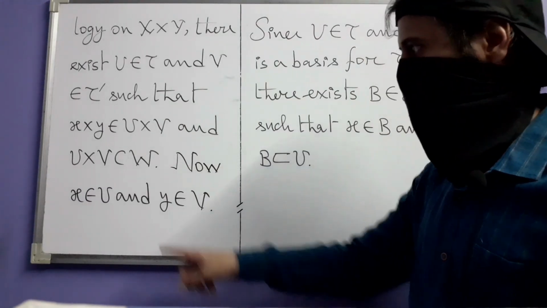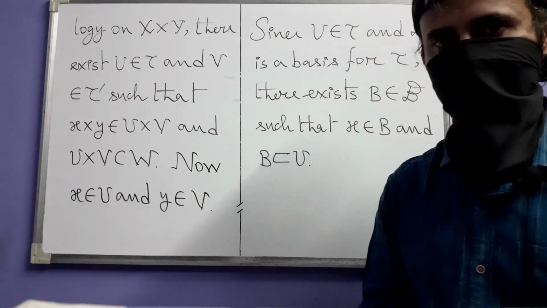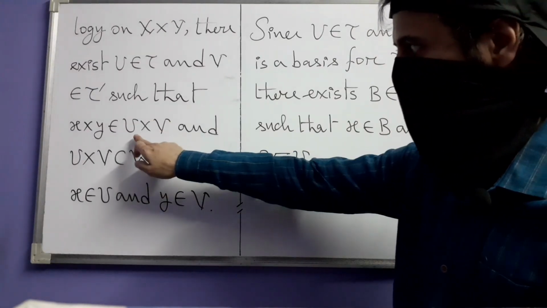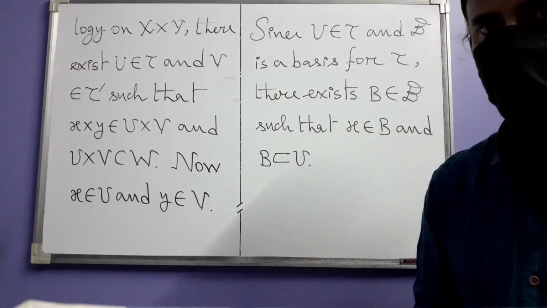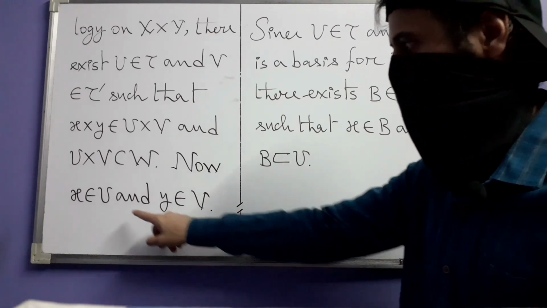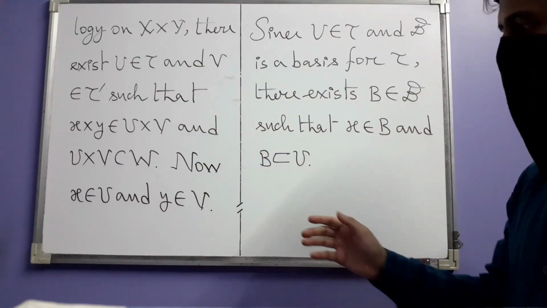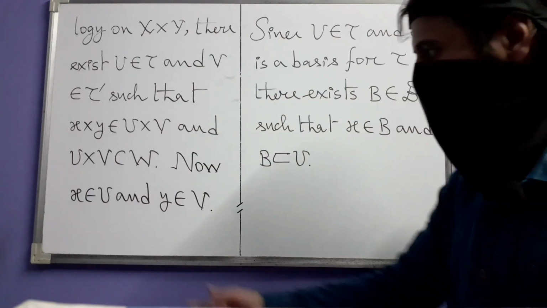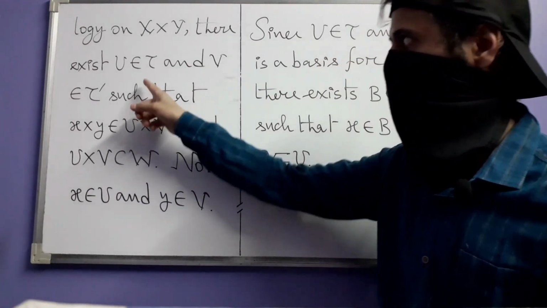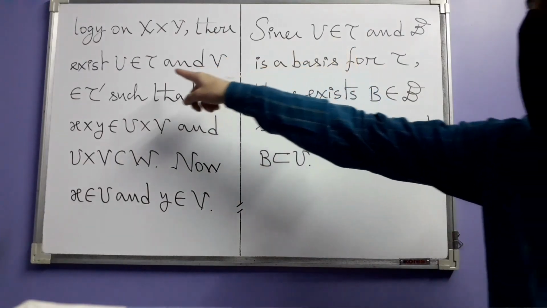Now next we look at this condition: (x, y) is a point in U times V. What does that mean? It means that x belongs to U and y belongs to V. Now you see the fun part. What is U? U is coming from tau.